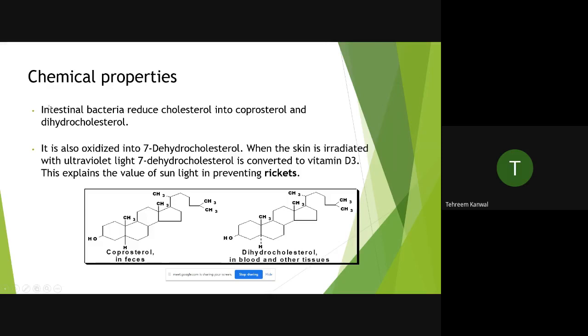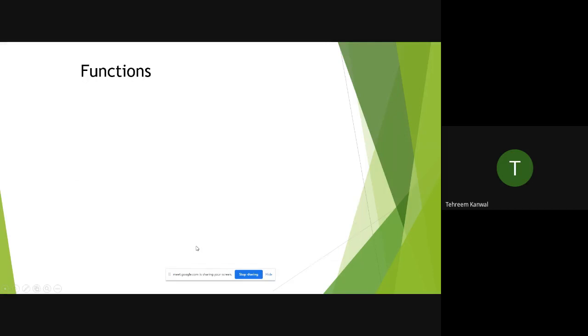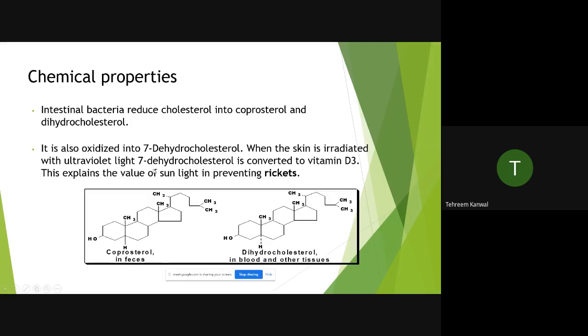If we see the chemical properties, they are an important source for the bile salts, as we discussed. In the intestinal bacteria, this cholesterol will be reduced into coprosterol and dihydrocholesterol, which will be further metabolized.